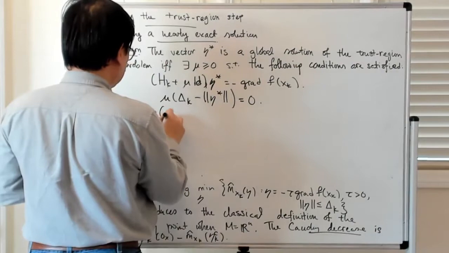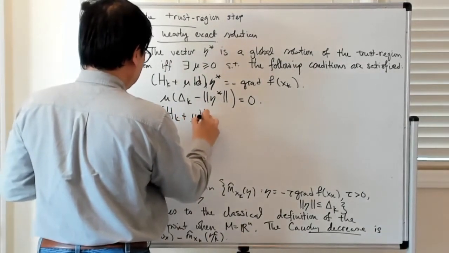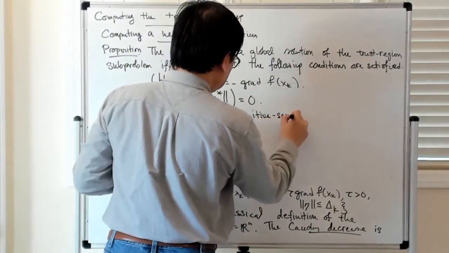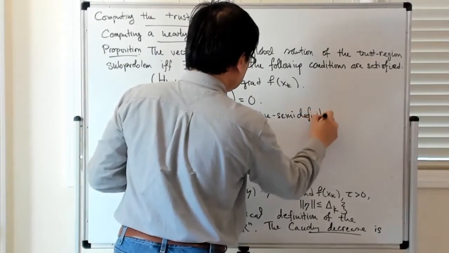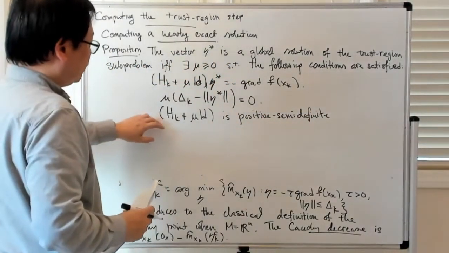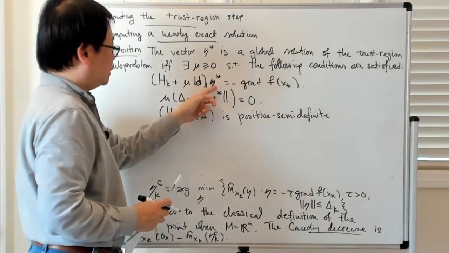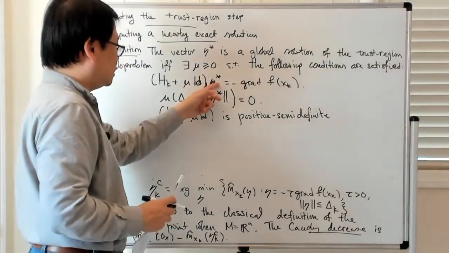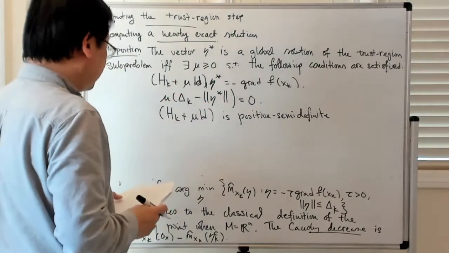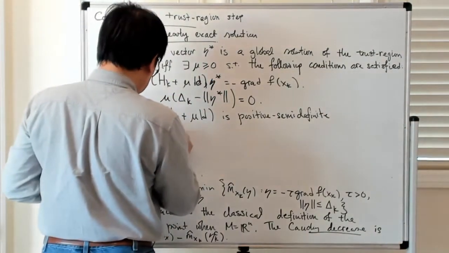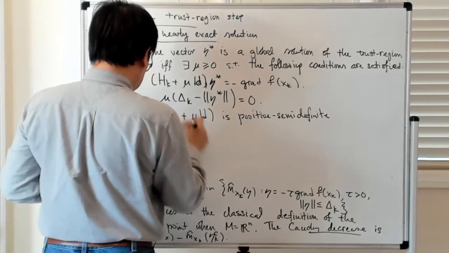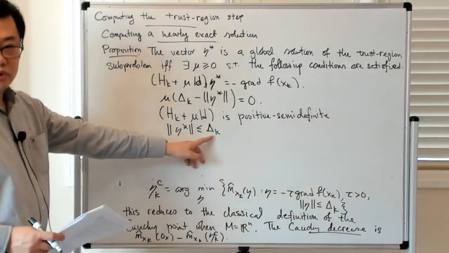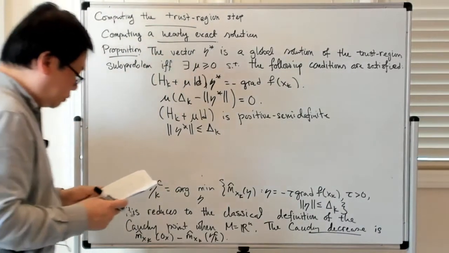The third condition is that hk plus mu times the identity is positive semi-definite. If you recall, this positive semi-definiteness condition allowed us to prove that eta star was gradient related. And the last one is that the norm of eta star is less than or equal to delta k, which of course is necessary because this is one of the constraints in the trust region subproblem.